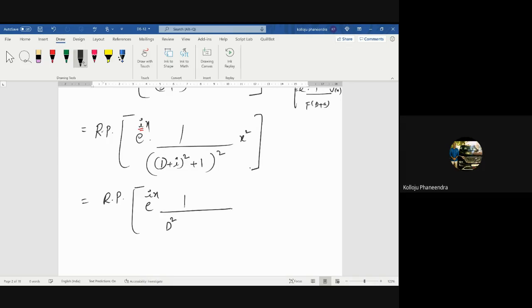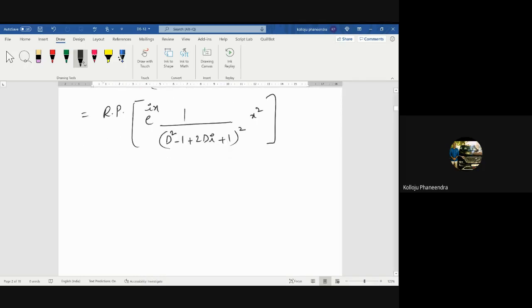If I expand this, it becomes the real part of e^(ix) times 1/(D^2 - 1 + 2Di + 1)^2 times x^2. The plus 1 and minus 1 get cancelled, and I get (D^2 + 2Di)^2 into x^2.